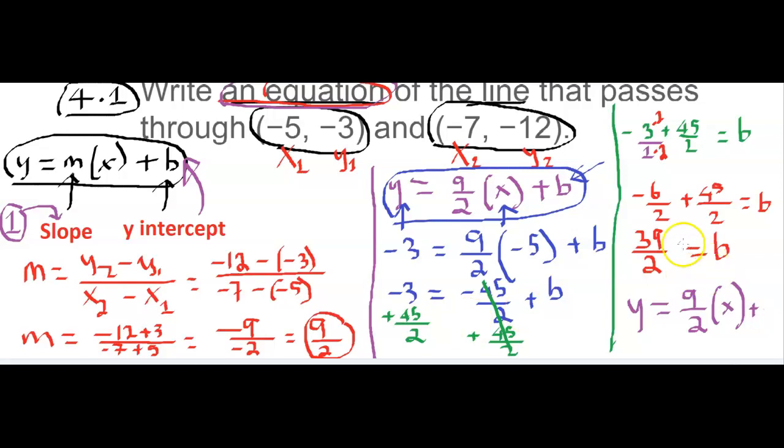And b in this case, I found just now, is 39 over 2. And that would be my equation for this problem: y equals 9 over 2 times x plus 39 over 2. And that is y equals mx plus b form.